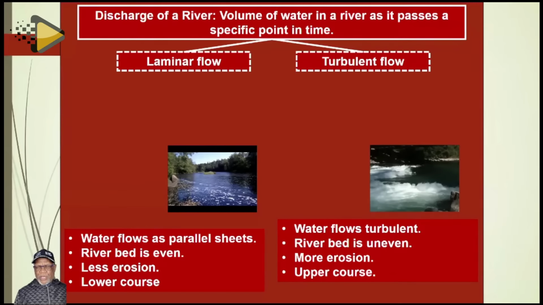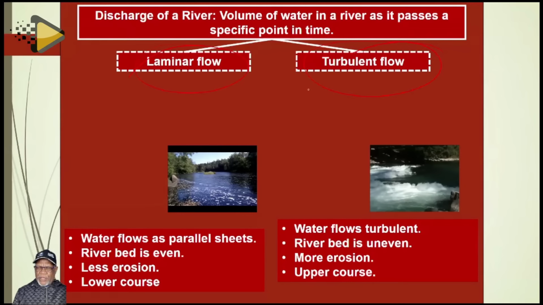And then what we see again is that when a river is flowing, it can flow in two ways. A river can flow on a gentle surface or on an uneven surface.